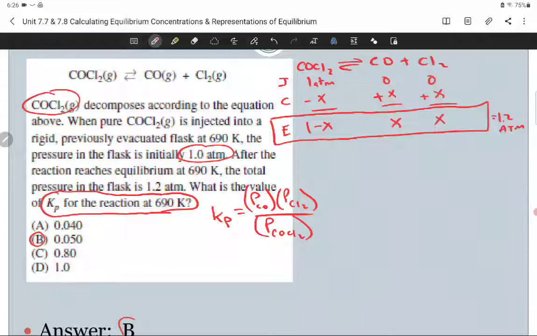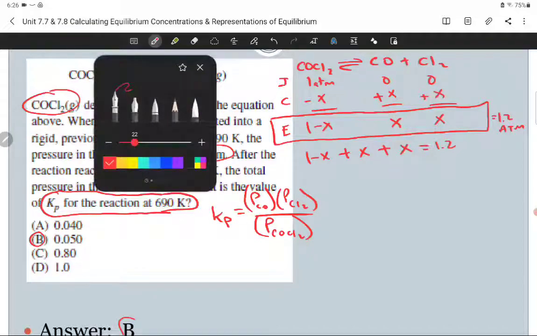If it was a free response, you would though. So let's go back to our equilibrium. 1 minus x, partial pressure of CoCl2 at equilibrium, plus our partial pressure of CO at equilibrium, plus our partial pressure of Cl2 at equilibrium has to equal 1.2.